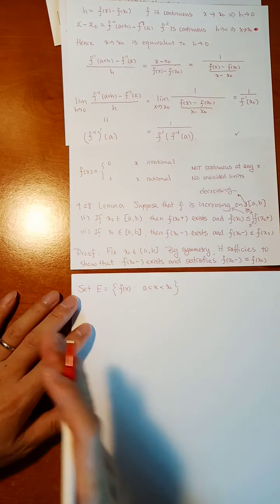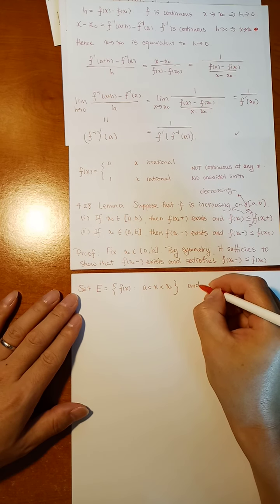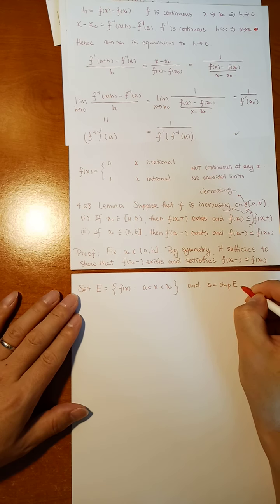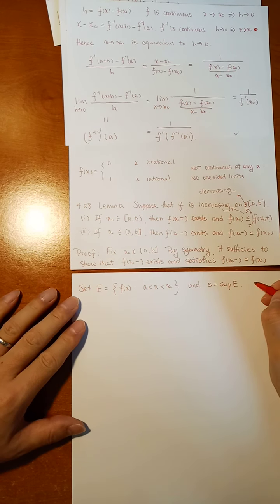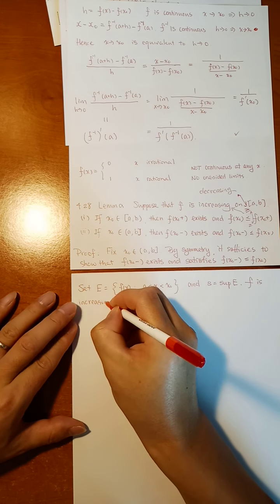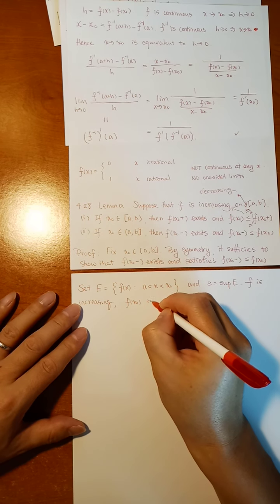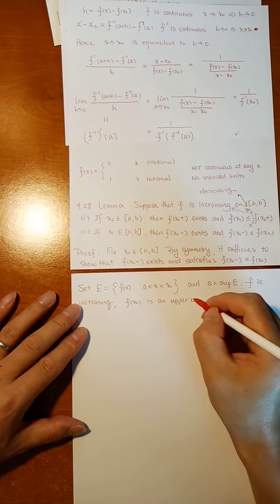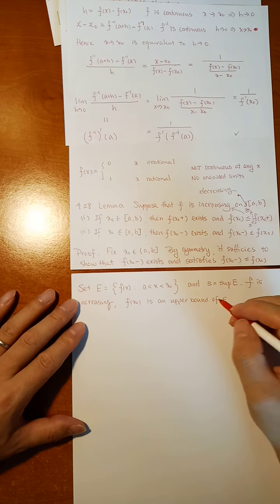We're talking about the left-hand limit, and let S be the supremum of the set E. Okay, a function is increasing, so f(x0) is an upper bound of E.